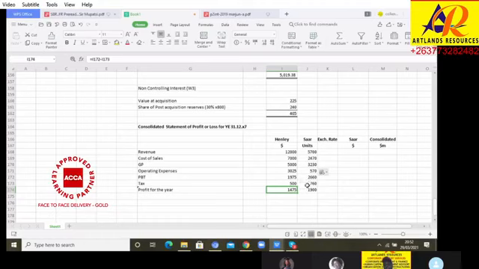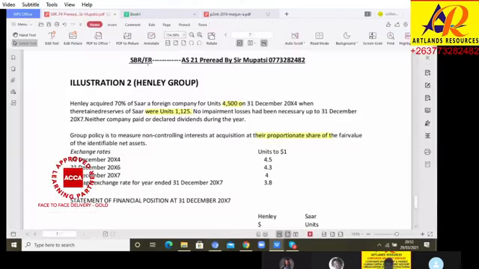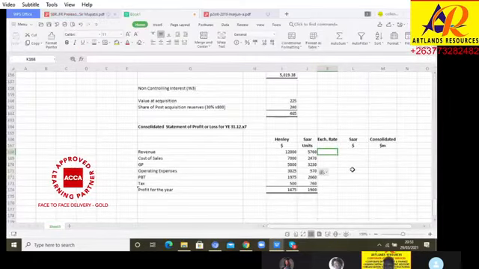Now, all items in the statement of profit or loss are translated using average rate. So all you have to do is to come here and pick the average rate, 3.8. So you translate SAR with 3.8, and then it's a matter of copying that.